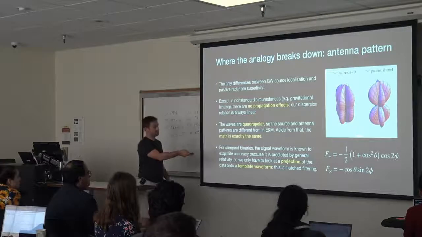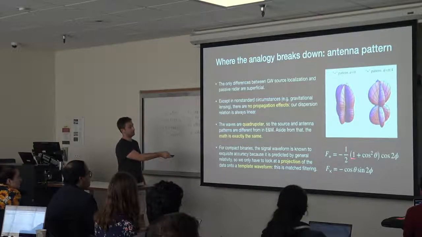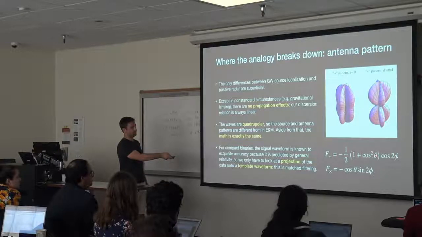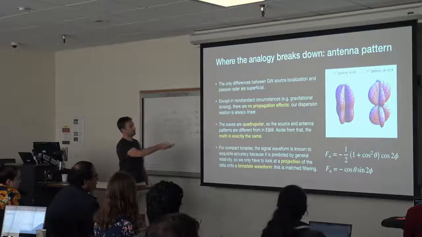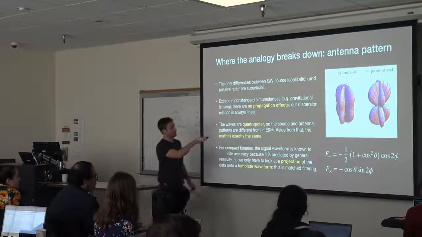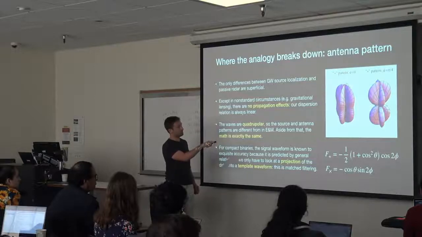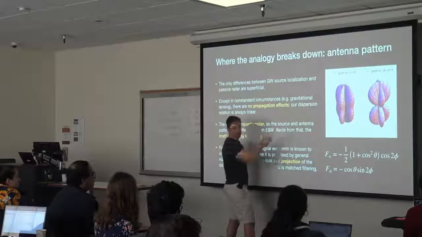This is how they depend on polar coordinates. So there's a polar angle, and there's an azimuthal angle, and this is what the plus pattern looks like. Imagine that the arms of the gravitational wave detector are parallel with the edges of this box.